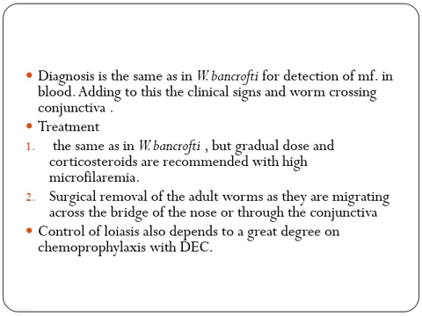Treatment is also the same as for Wuchereria, but gradual dosing and corticosteroids are recommended with high microfilaremia. Surgical removal of the adult worm as it is migrating across the nasal bridge or through the conjunctiva is good treatment because it gets us rid of the worm.